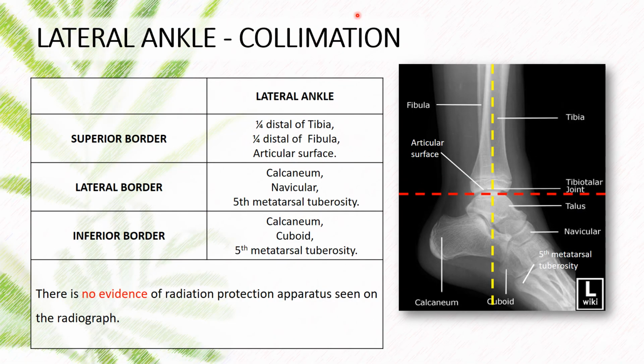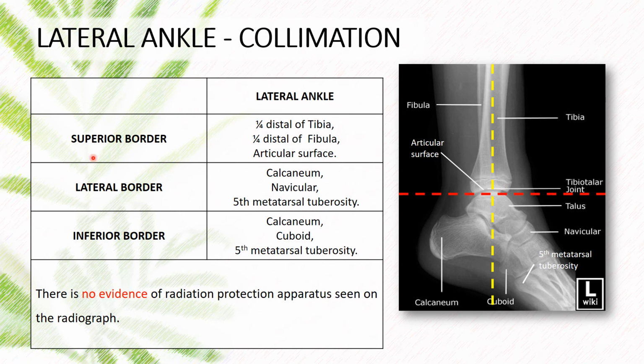Okay, for the collimation of the lateral ankle, at the superior border, the structures that should be included are one fourth distal of the fibula and tibia and the articular surface. The articular surface is here, not the gap but the bone here.